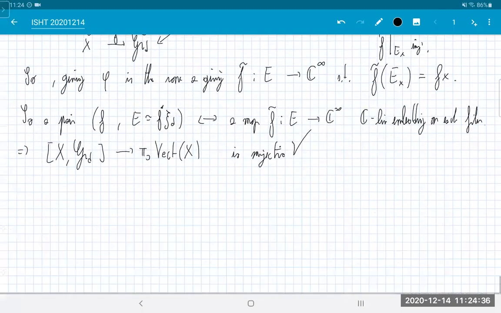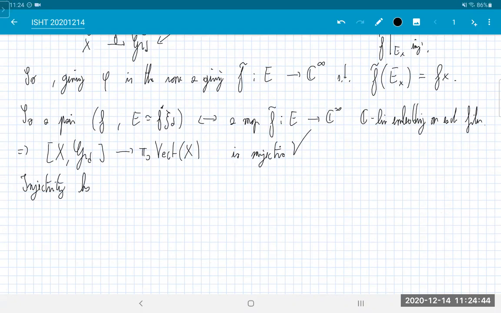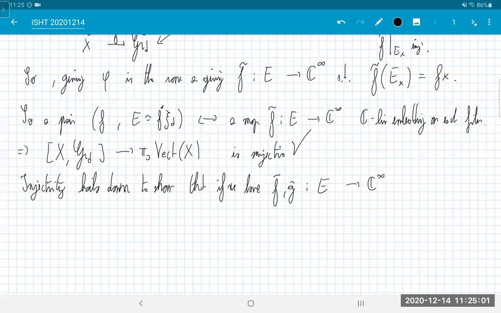And using the same reasoning, injectivity boils down to show that if we have f tilde, g tilde any map, which is an embedding on each fiber, then they are homotopic.